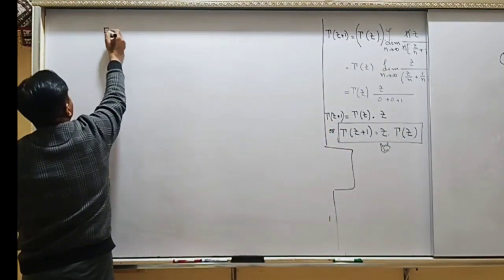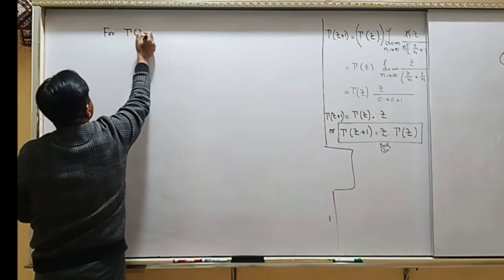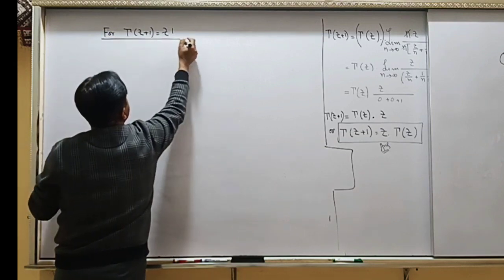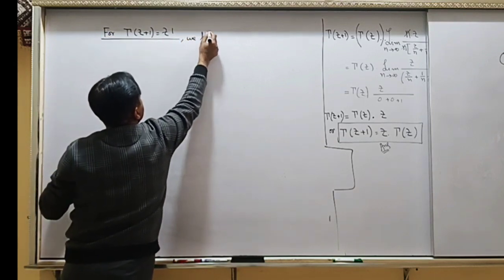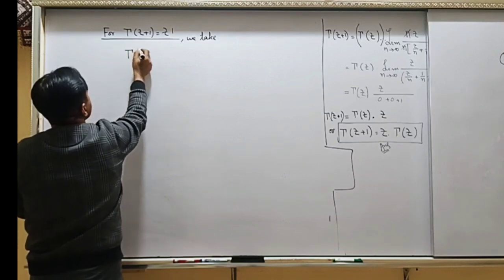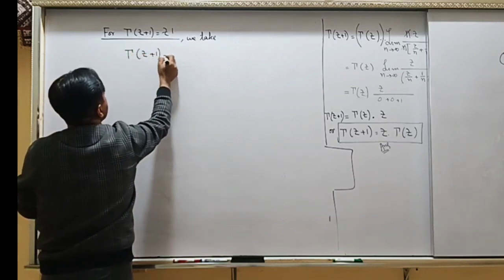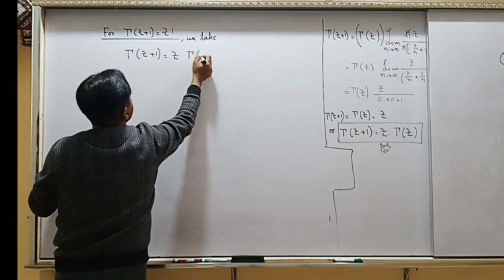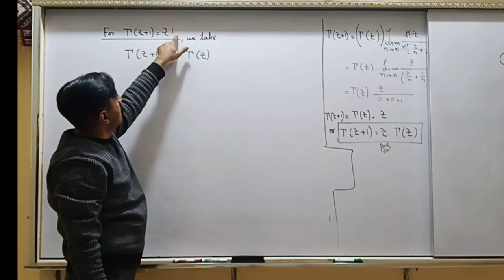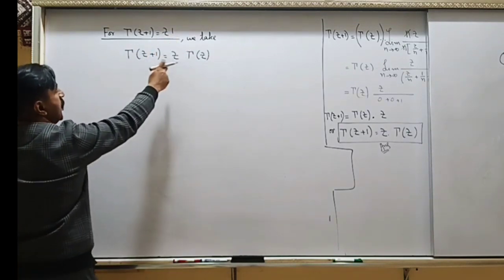And for the second, for gamma z plus 1 equals z factorial, we take gamma z plus 1 equals z gamma z. So you are finding a factorial of something.